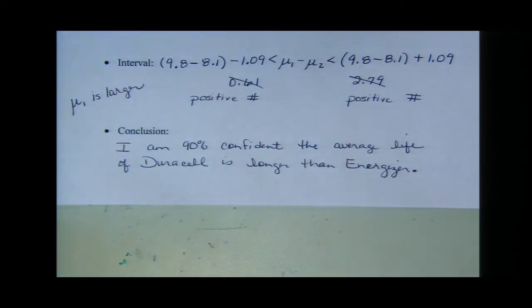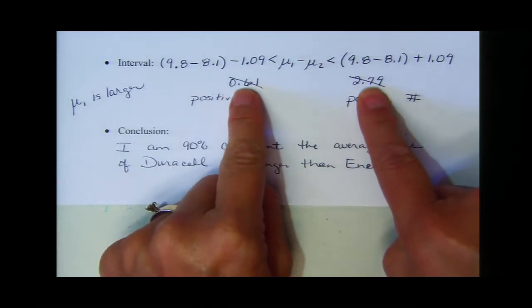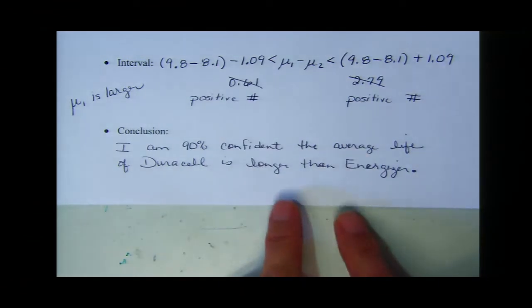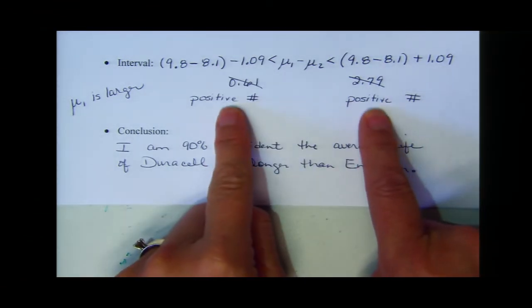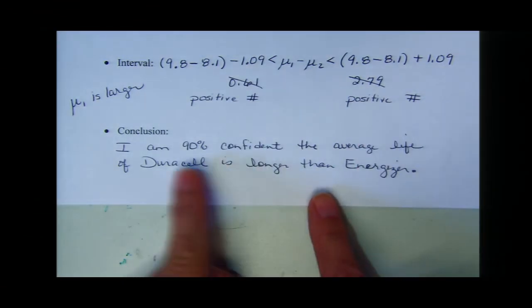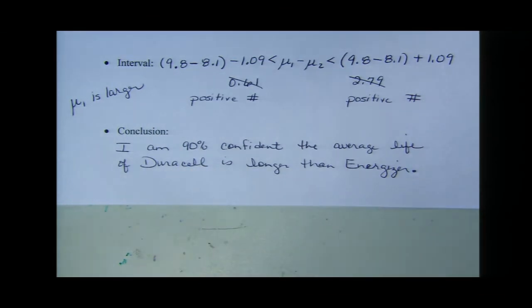If you'll notice, in our conclusion we do not include these two values because they don't have significance. But being that these were both positive numbers, it tells me that Duracell lasts longer than Energizer. So that is an example when sigma is known.